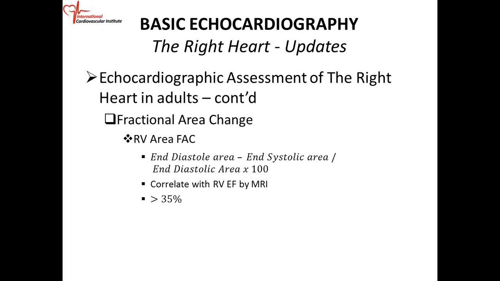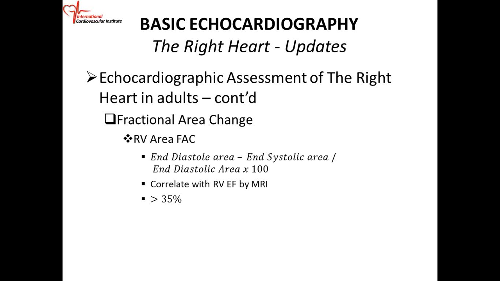Again, RV focus view, four chamber view with a focus on the RV, and you get your end diastolic area. You're going to subtract from that the end systolic area. You're going to divide that by the end diastolic area times 100. It should be more than 35%. And the fractional area change correlates very well with RV ejection fraction by MRI.